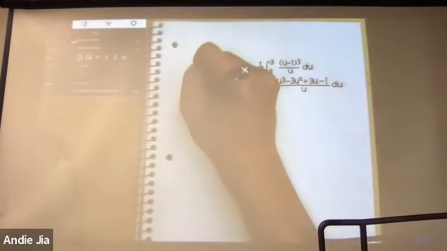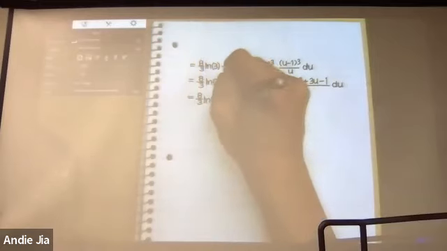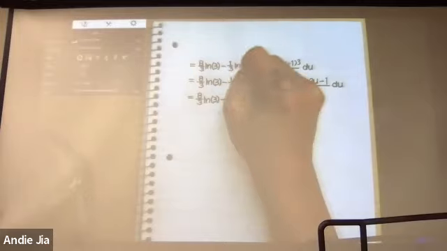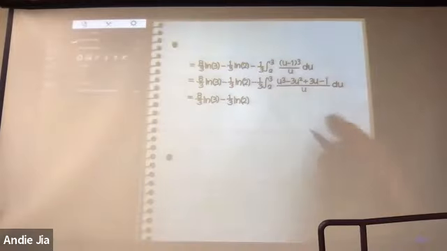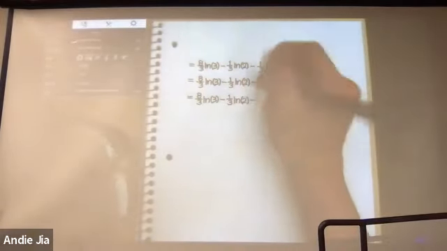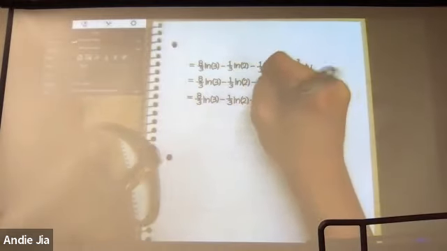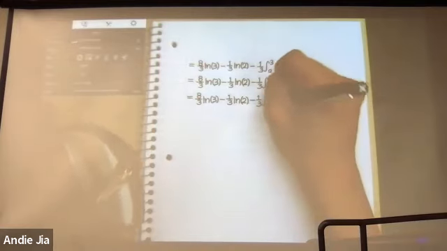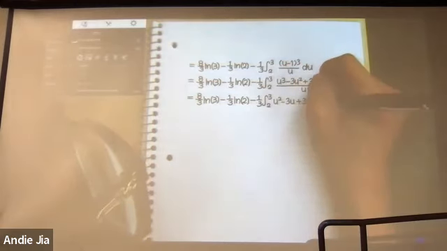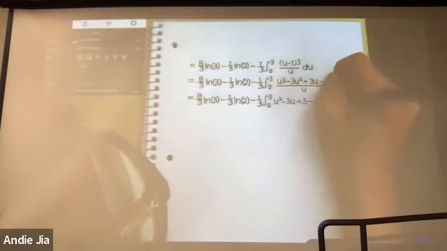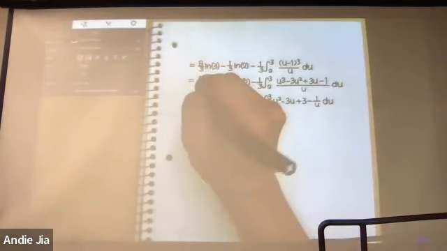Then we have 8/3 natural log of 3 minus 1/3 natural log of 2, minus 1/3 times the integral from 2 to 3 of u squared minus 3u plus 3 minus 1 over u du. And then we just do the computation.